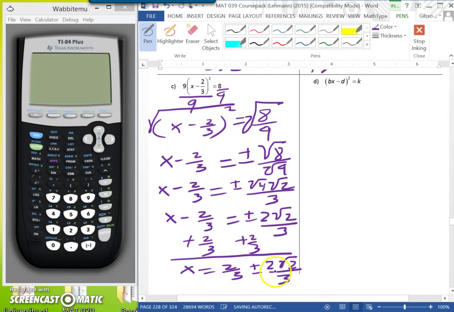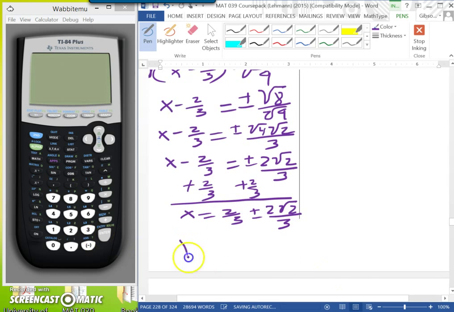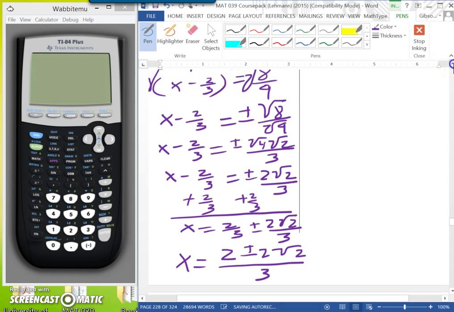Now we can leave it like this, but typically you will find the final answer written in this form. It'll be 2 plus or minus 2 square root 2 all over 3. So we will bring it all together here. Now this was a long problem, but again, like I said, we can handle it.